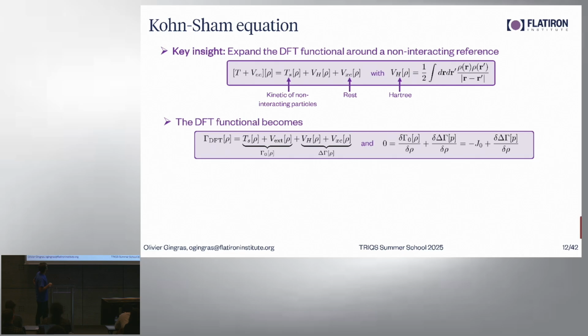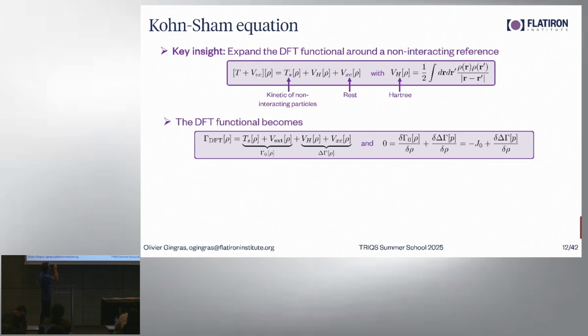Right, so again, you go to this functional that we obtained from the Legendre transformation, and essentially the trick is to break it down into a reference system, gamma 0, which is purely the non-interacting system, governed by the kinetic energy of these non-interacting electrons inside of a potential, and a correction term, which is the interaction.